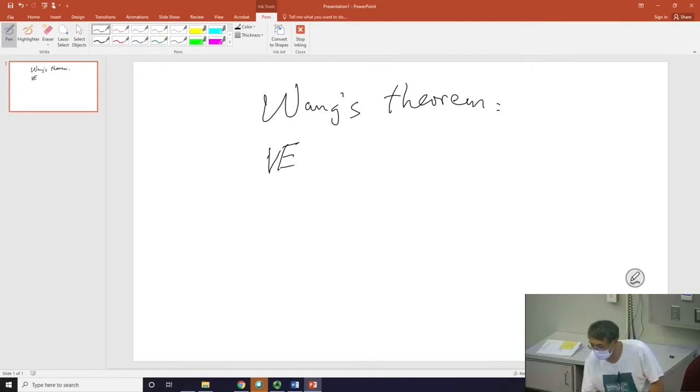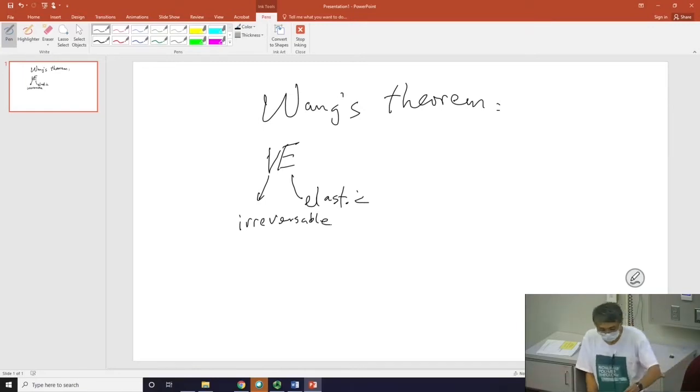But basically, you know what is elastic. I just told you it's reversible, and viscous, which is irreversible processes. And here's what viscoelasticity means.